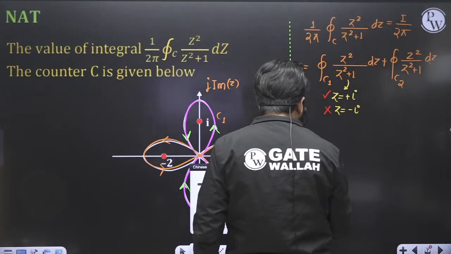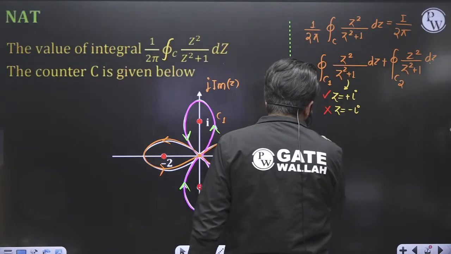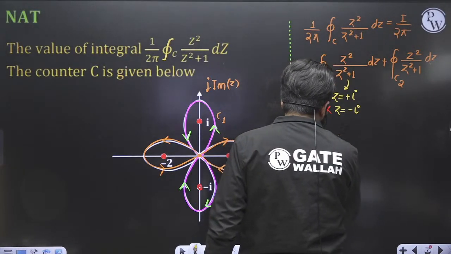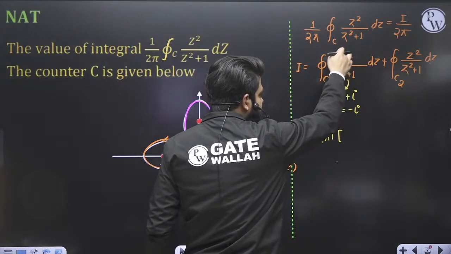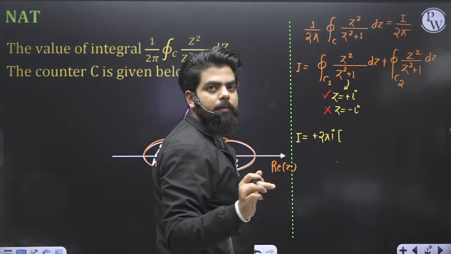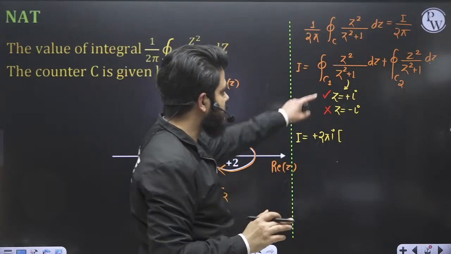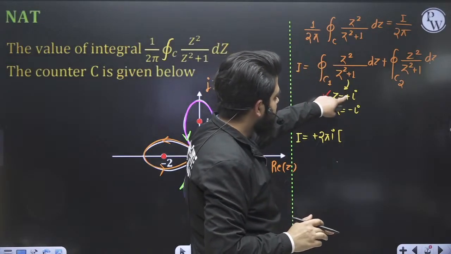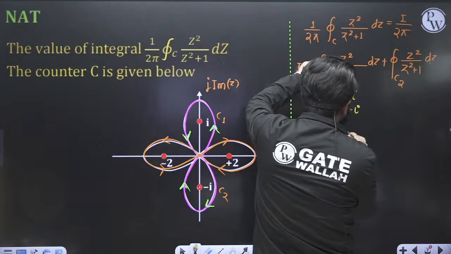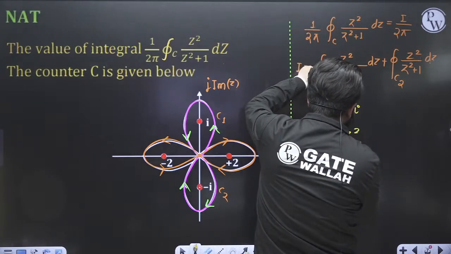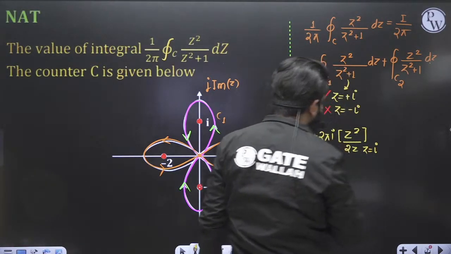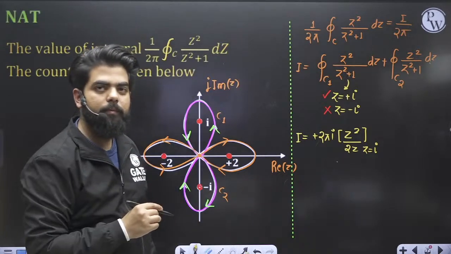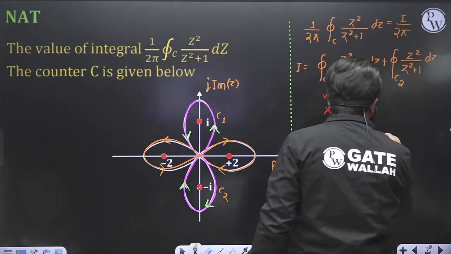So the value of this integration will become plus 2 pi I, and you have to calculate the residue of this function at z equal to I. How to calculate the residue of this function at z equal to I? Since this is a simple pole, you can retain the value of numerator and differentiate the value of denominator, and you can put the value as z equal to I. Correct? Perfect.